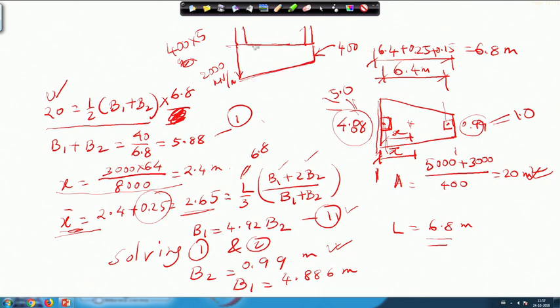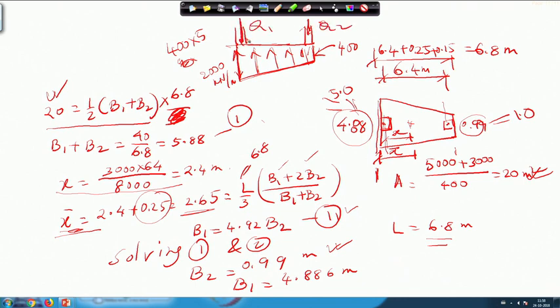So, for this loading, the pressure will be in the upward direction. Whatever may be, this is Q2 and this is Q1.